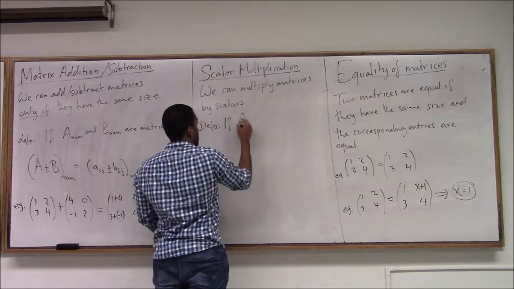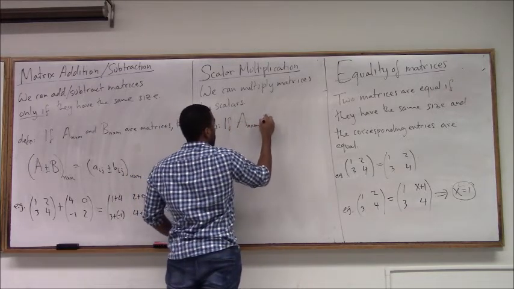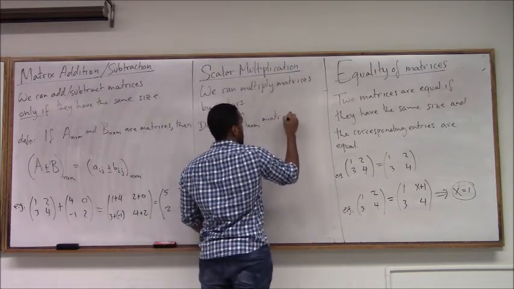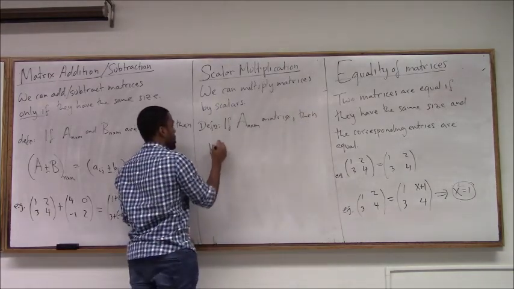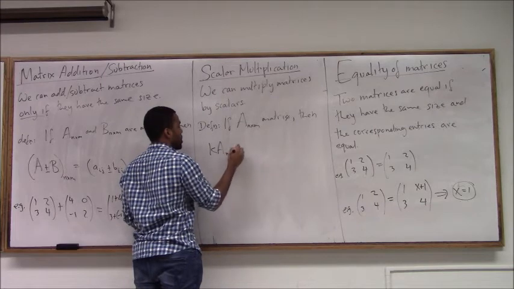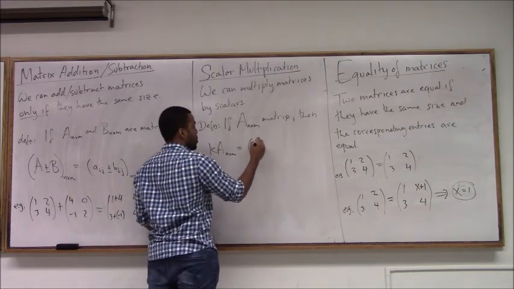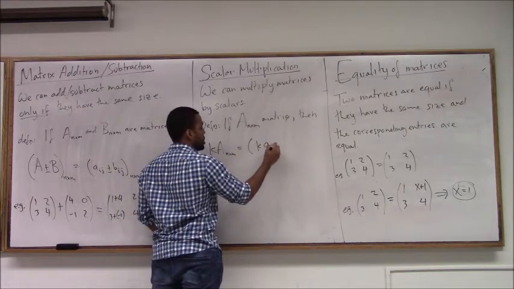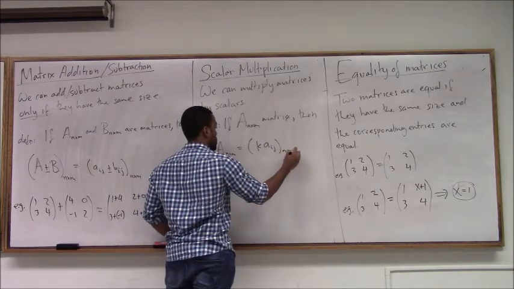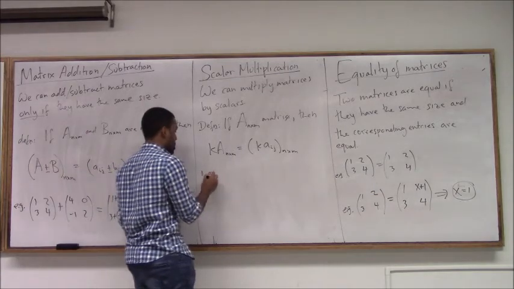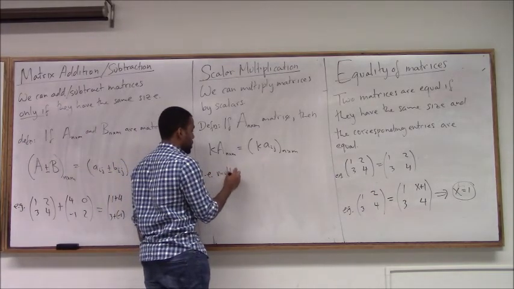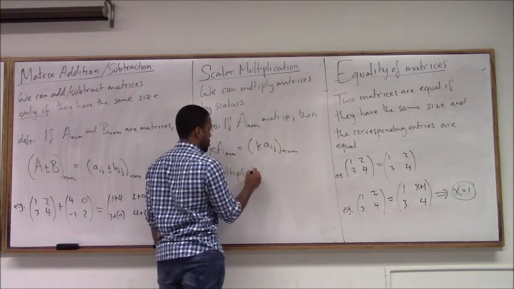If A is an n by m matrix, then kA is just the matrix where I take k times all the Aij's. So I can just multiply each entry by the scalar k.